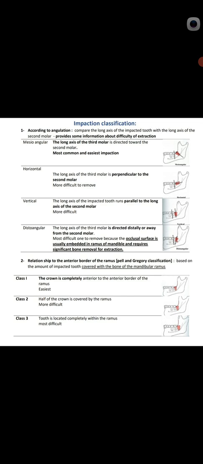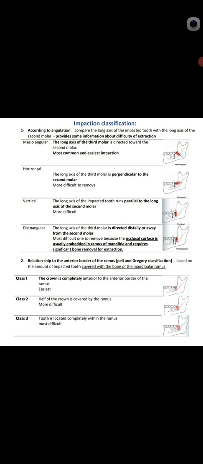So in this method there are two criteria: one is how much bone covers the tooth in the ramus, second is the distance between the anterior border of the ramus and the second molar.